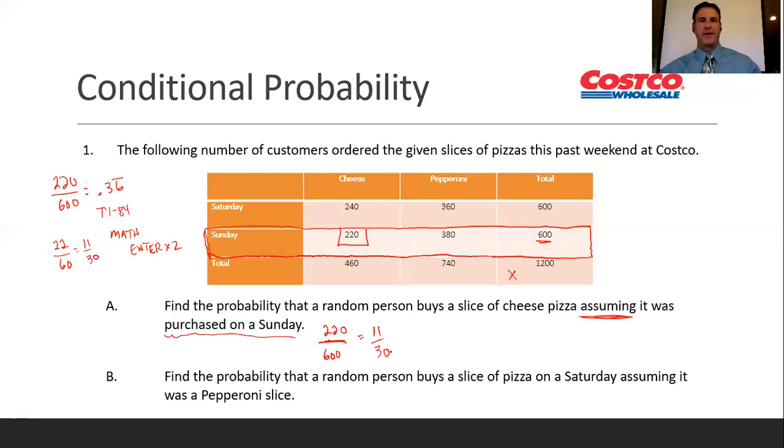Now that's the way I typically do these. I just like to look at the tables and the pieces within the table and answer my questions in this manner. If you want to use the formula, say that A is equal to someone who bought a cheese slice, I'll just abbreviate this, and let B be someone who bought a slice on a Sunday.